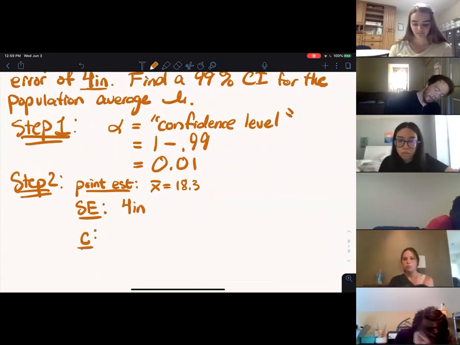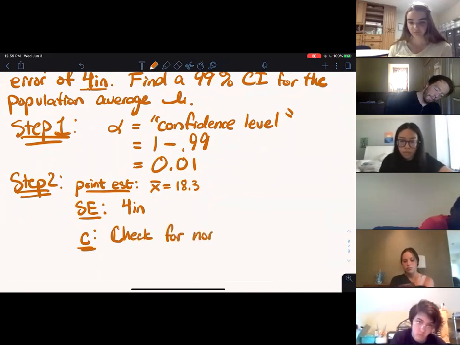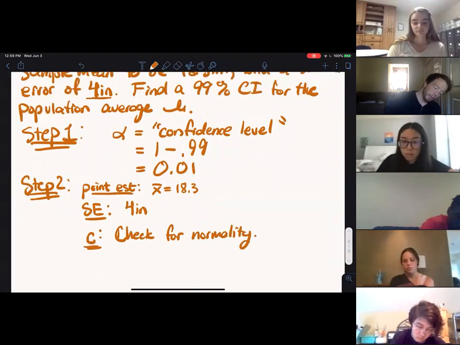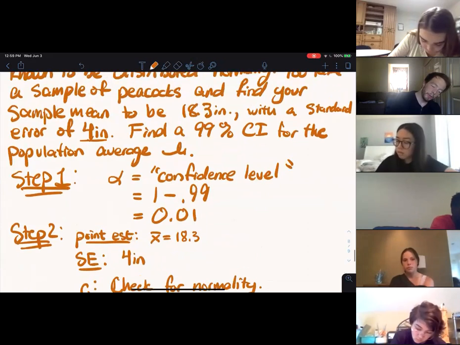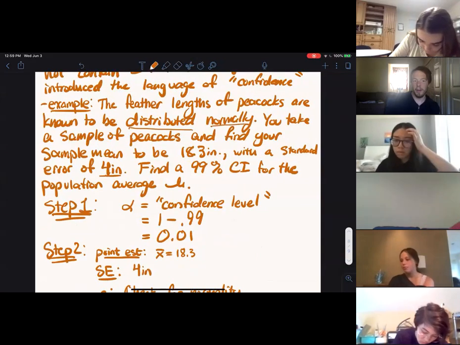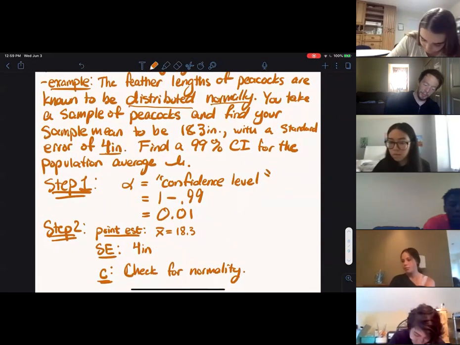And then our C value, we first check for normality. So let's see. Oh, it looks like feather lengths here are distributed normally. So we have automatically that x bar is normally distributed.